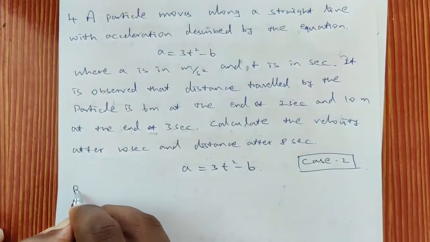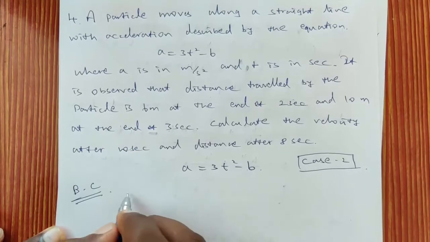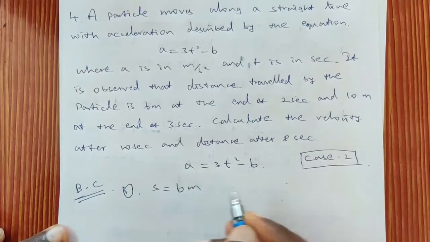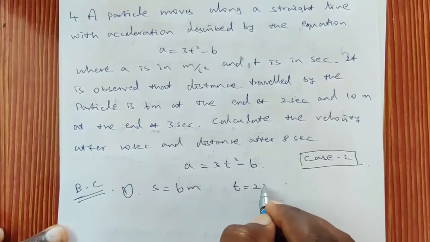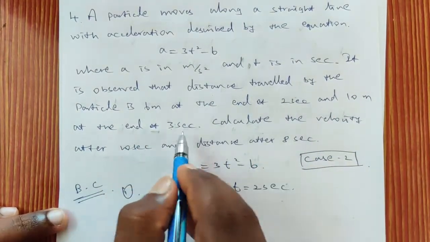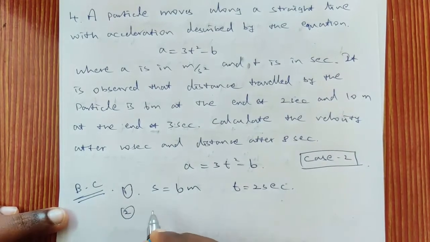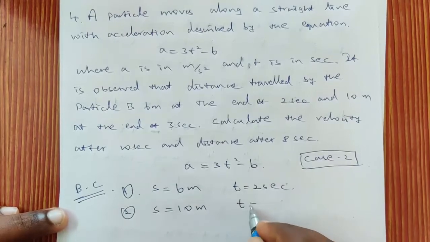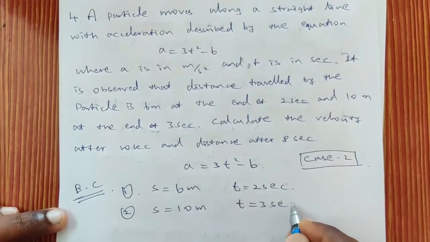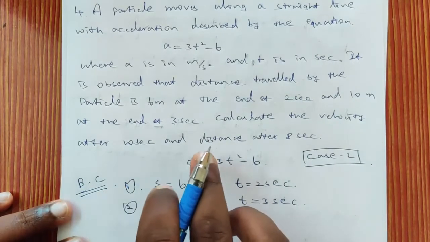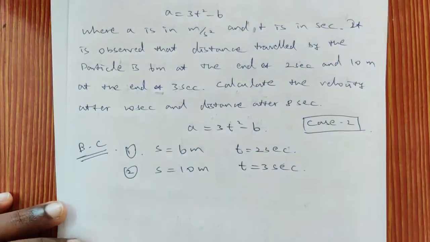So the first boundary condition is s is equal to 6 meter at t is equal to 2 seconds, and 10 meter at the end of 3 seconds. So the second boundary condition is s is equal to 10 meter at t is equal to 3 seconds. Calculate the velocity after 10 seconds and distance after 8 seconds.